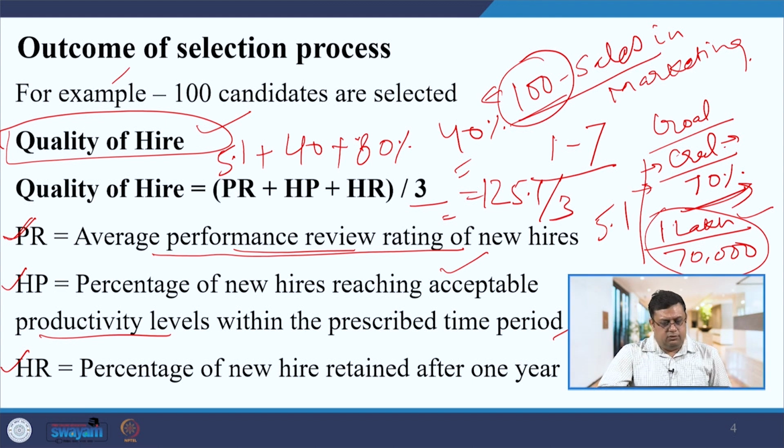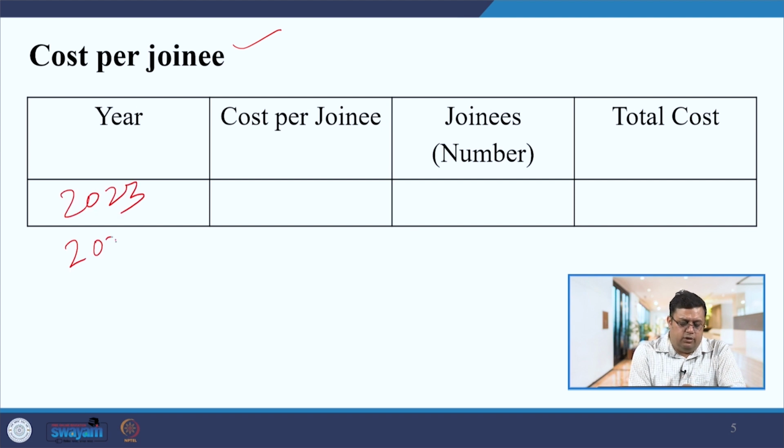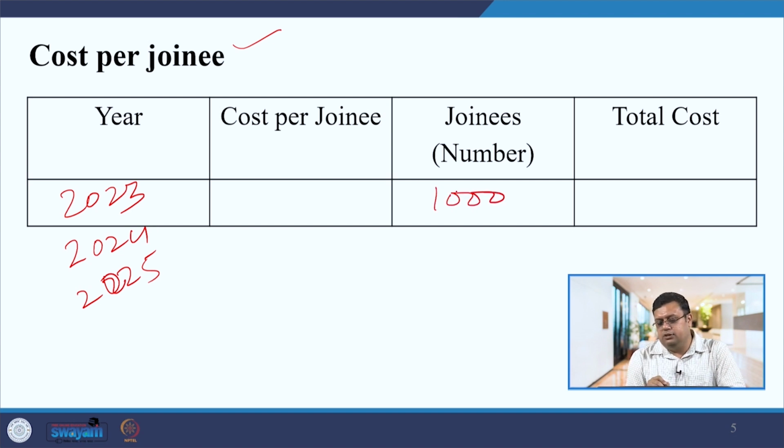So now let us go to the next slide and let us understand the cost per joinee. So if you have to calculate this cost per joinee, here you can write year like 2023, 2024, 2025, for example, you write the year this side, and this side you can write the number of joinee. So let us take 1000 people have joined and total cost was 72,000.